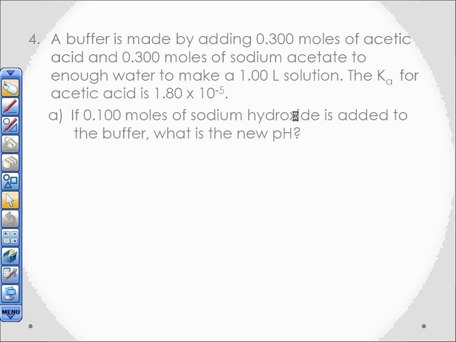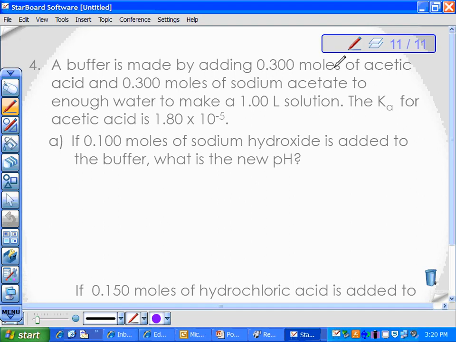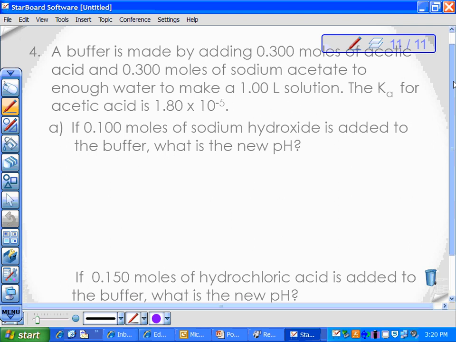So this is going to be our example problem. This is the same scenario we had before with that acetic acid. We've got a buffer up here with acetic acid and sodium acetate, which had a pH of 7.4, that was our pH earlier, the first problem we did.